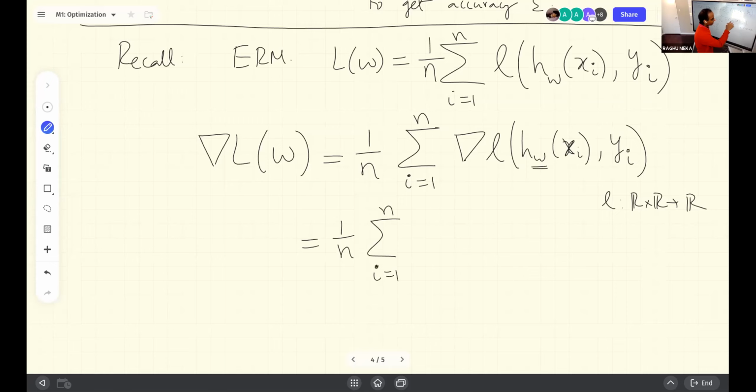The function of w is inside. So let me write it down. I would take the derivative of the function L with respect to the first variable, because the second variable yi doesn't depend on w.